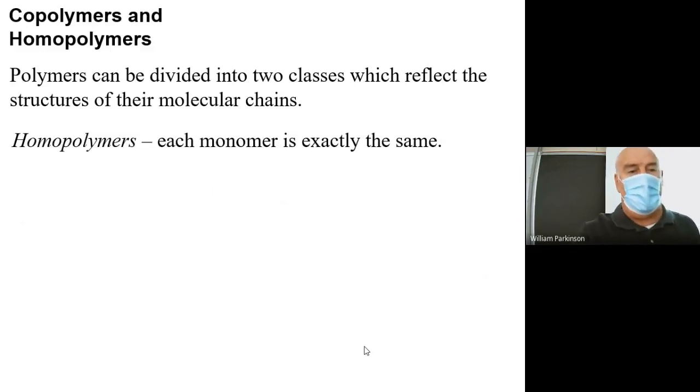So a homopolymer has all the monomeric units exactly the same. And most of the examples we have talked about are homopolymers. Polyethylene, polyvinyl chloride, polypropylene, polydichloroethane, polyvinyl chloride, I said already, Teflon, all those were homopolymers.